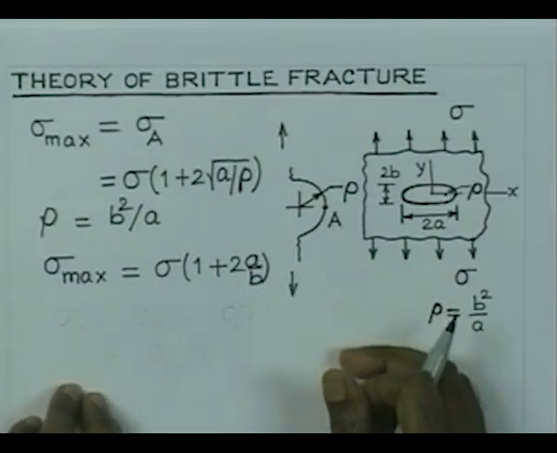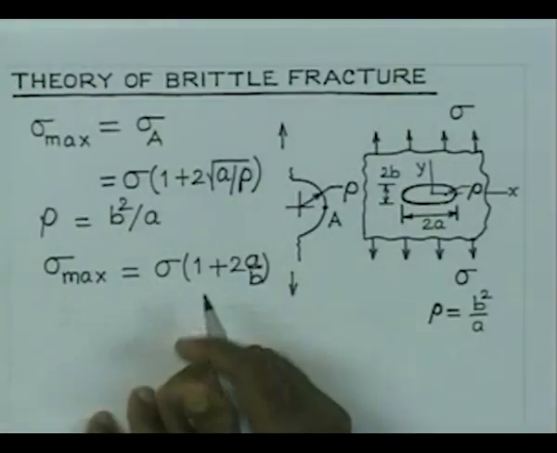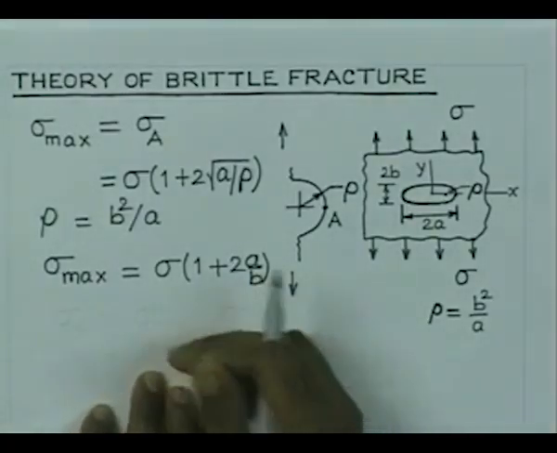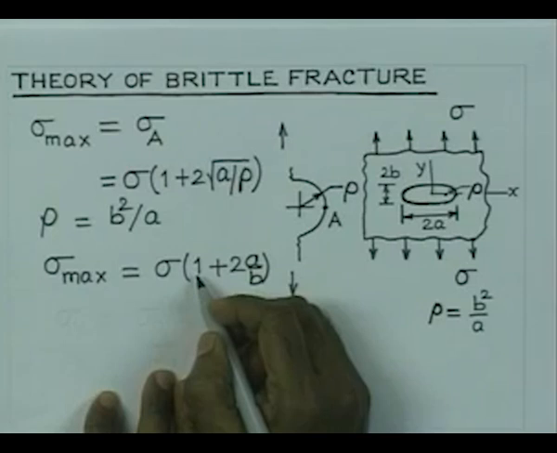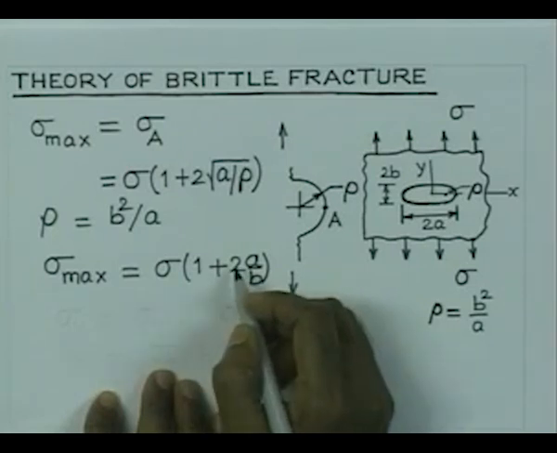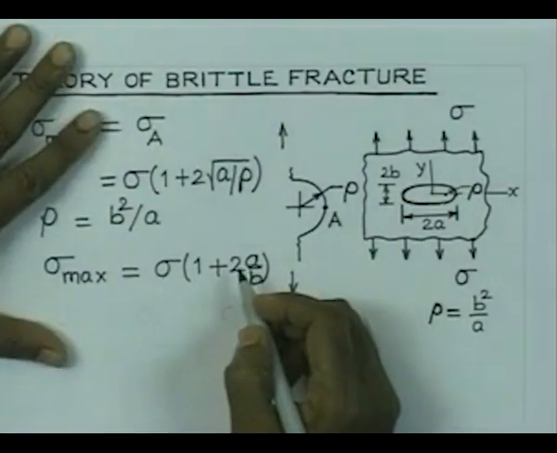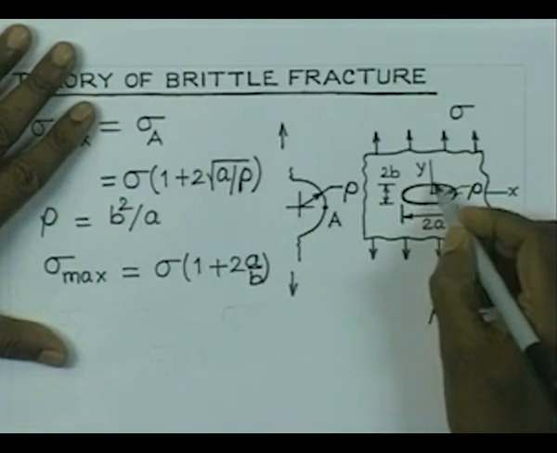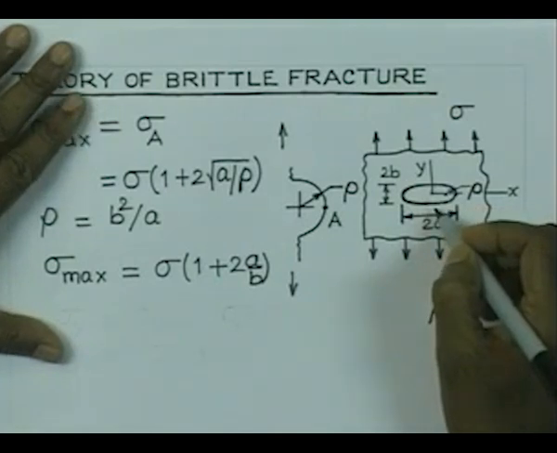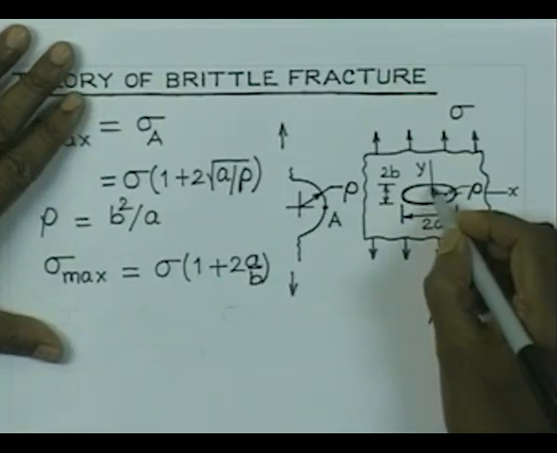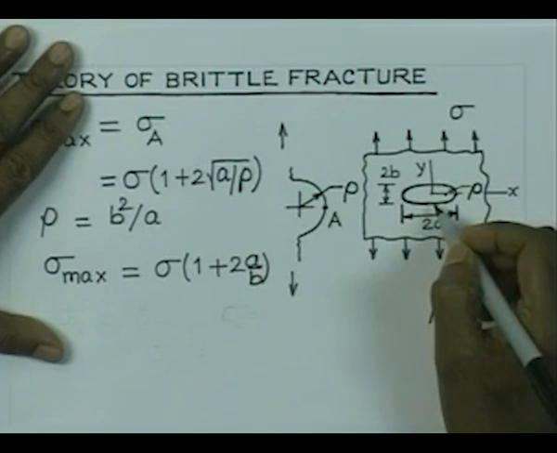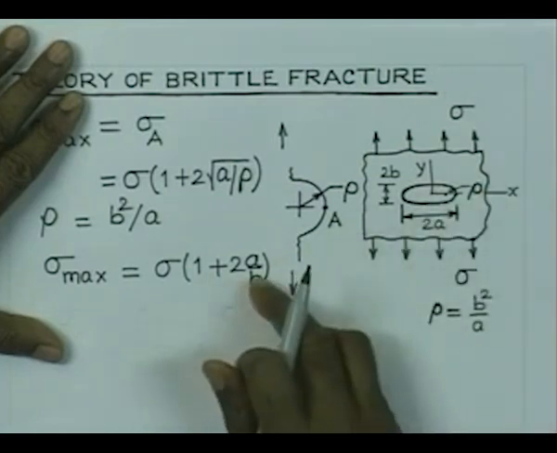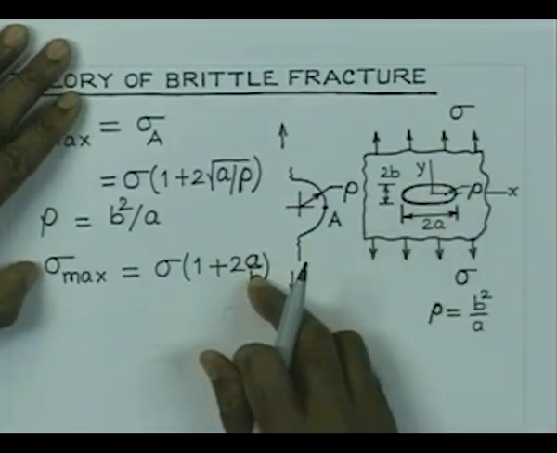Look at this, that maximum stress is equal to sigma into 1 plus 2 a by b. Now, if the dimension b is reduced to 0 or the minor axis is reduced to 0, then what we find is that the stress shoots to infinity.